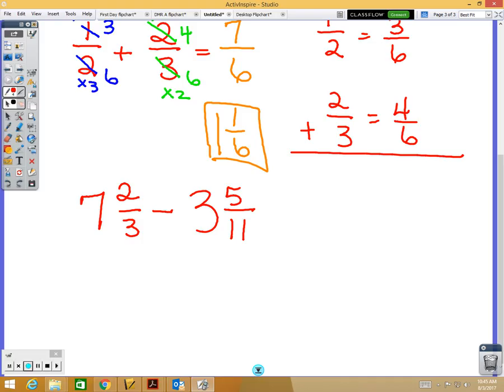So I'm going to do it the way that the majority of the class wants. Raise your hand if you like the improper fractions. Okay? Raise your hand if you like the other way of just leaving them as mixed numbers. Oh man, we're about half and half.